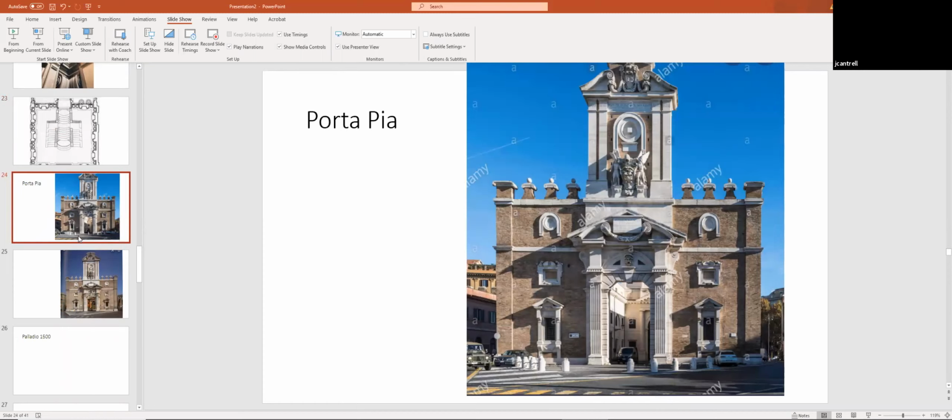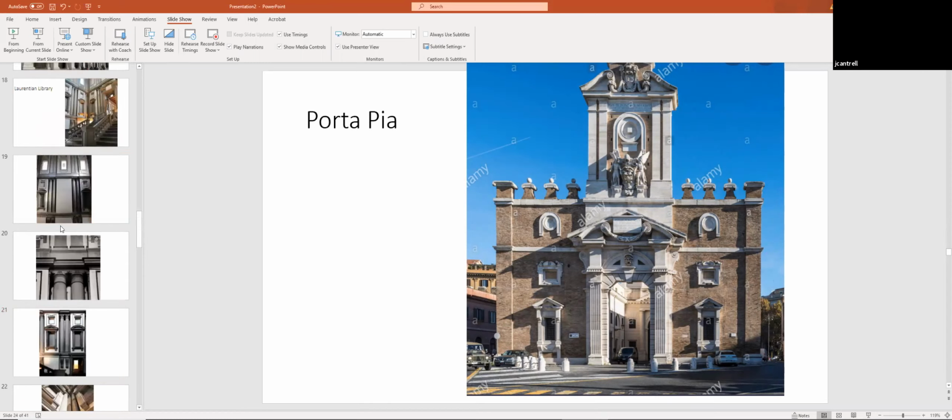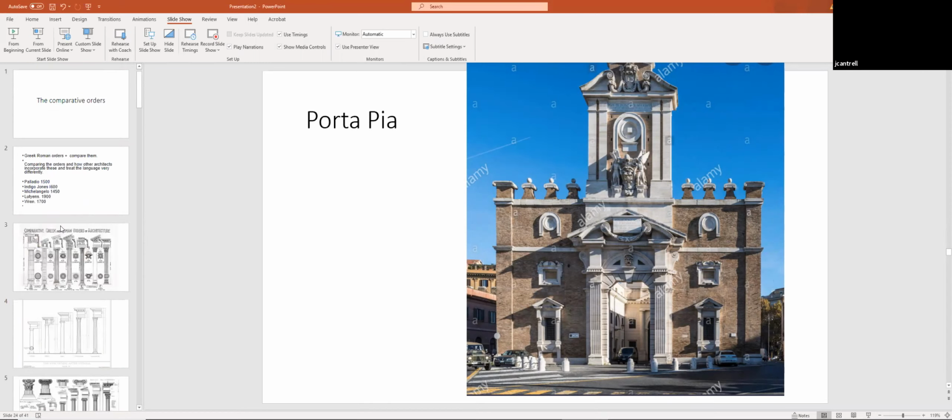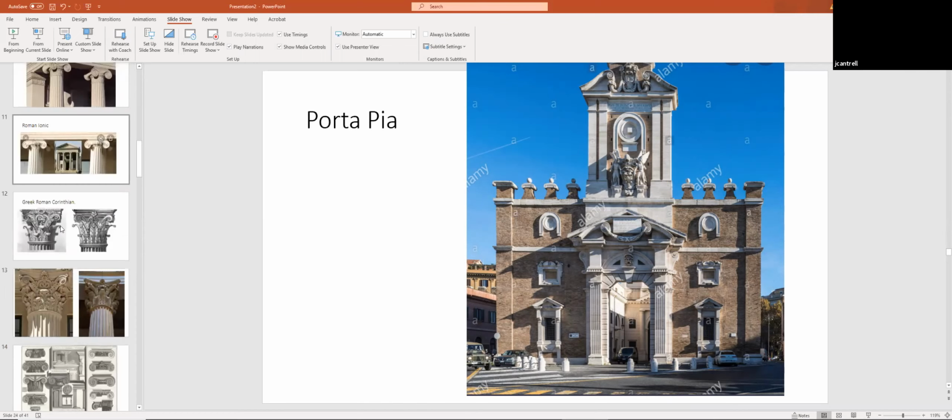I just think that the language of classical, especially the Porta Pia, is extremely playful and quite far out of the original classical form that we've seen before. Let me go back to these, like Palladio, of course.